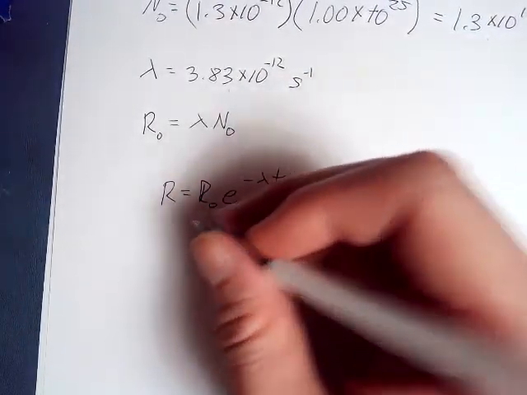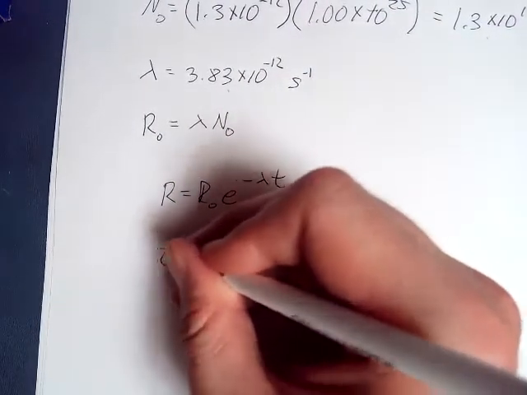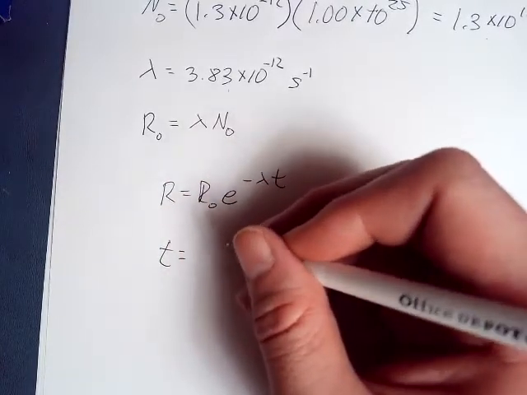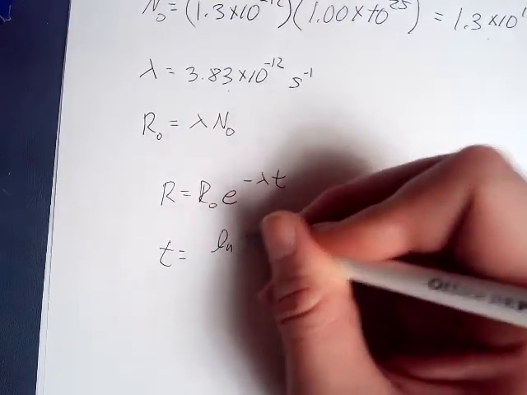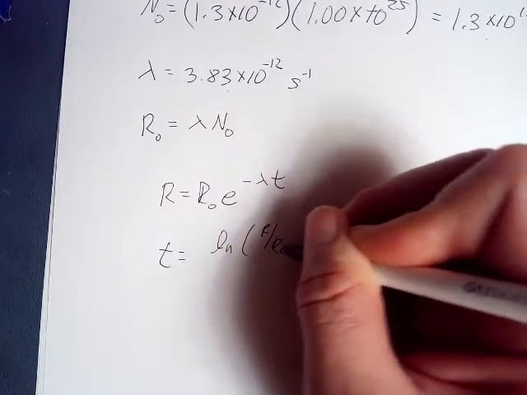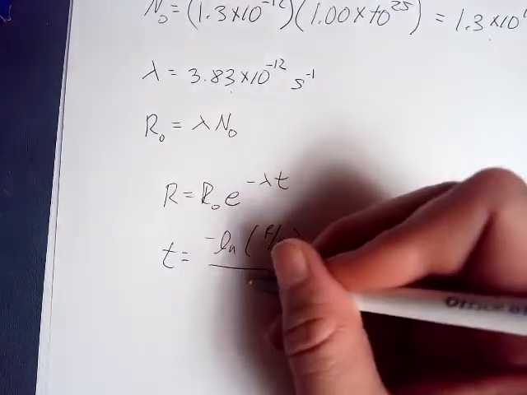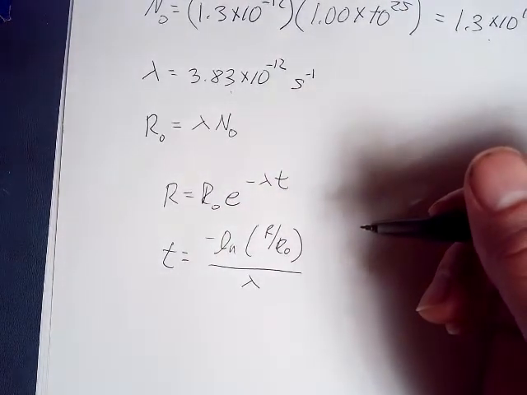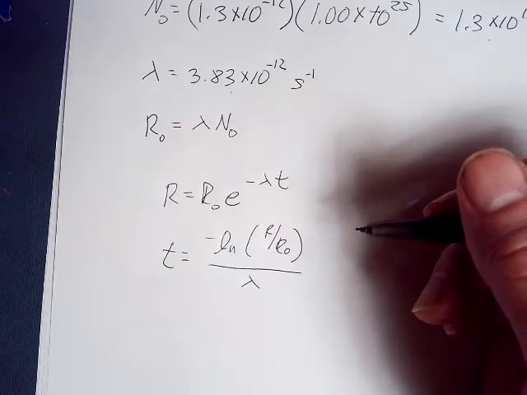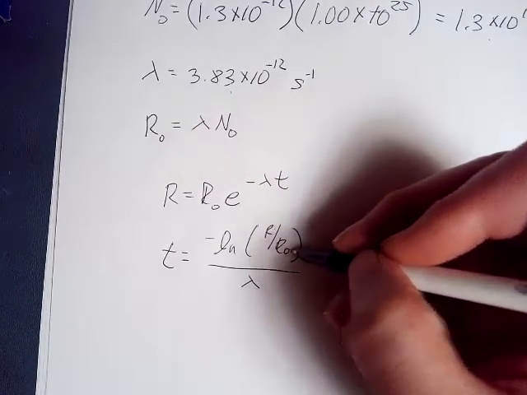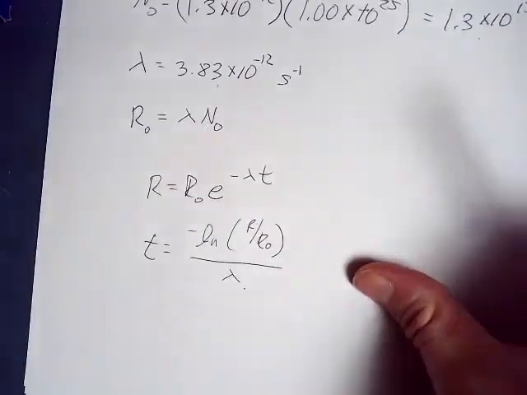Again, what we did before, where we solve for t: natural log of r over r naught, negative over lambda. We know r, we know r naught, we know lambda. Okay, so go ahead and calculate the time. All right, I'm going to stop there.